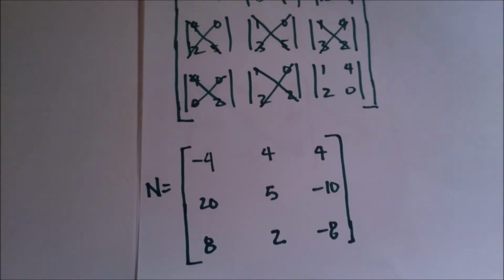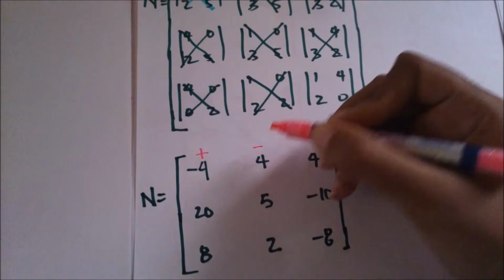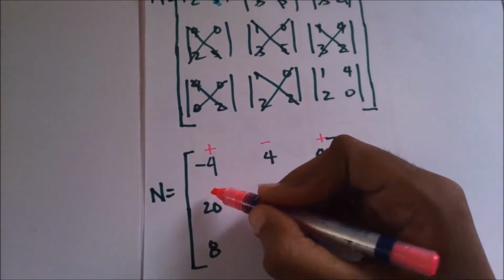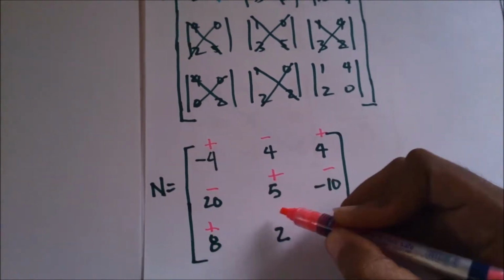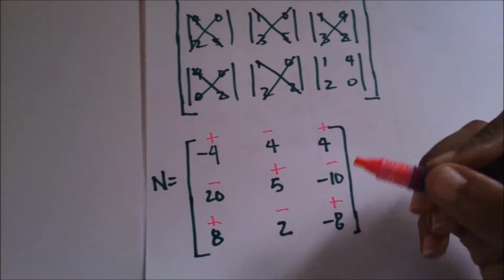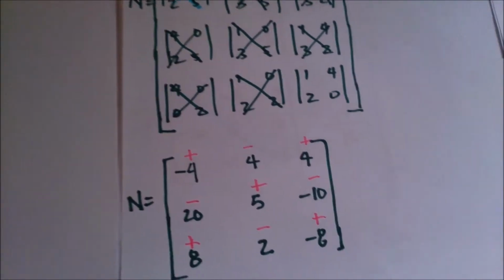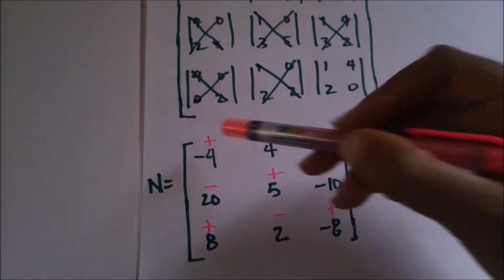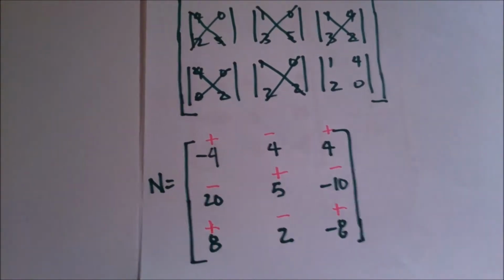But we are not done there. So what I'm going to do now is write on top of these numbers positive, negative, positive, negative, positive, negative, positive, negative, positive. Always in that order. So what I like to do is pretend that these are positive and negative ones, and I'm multiplying each of these numbers by that.